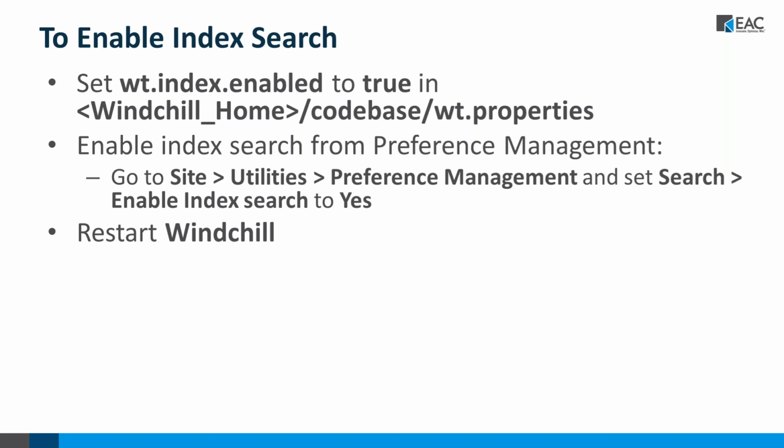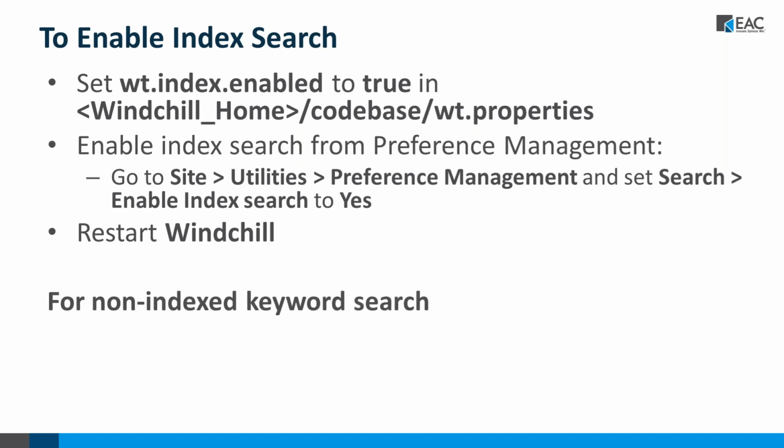You have to install the Windchill index search to perform this function. The system administrator has to set it up and maintain it, or EAC can do that for you, as we've done that a number of times with many customers. The Windchill index search file content is based on selected MIME file types. I'll show you a list of those, but there's only certain files that it runs through and indexes.